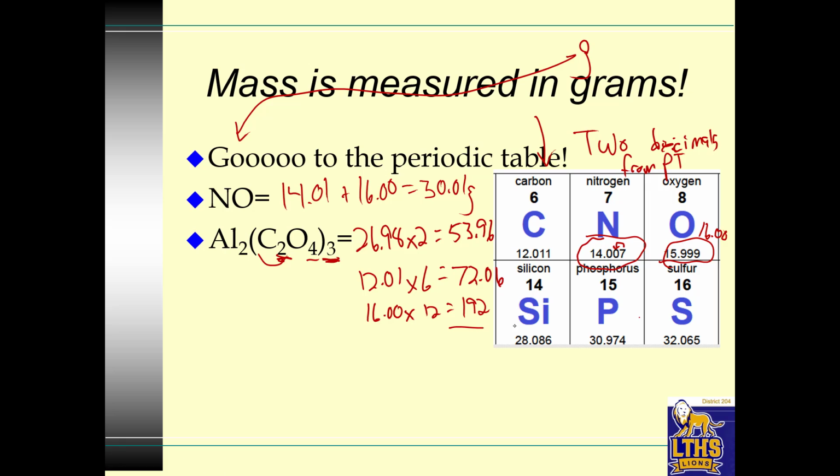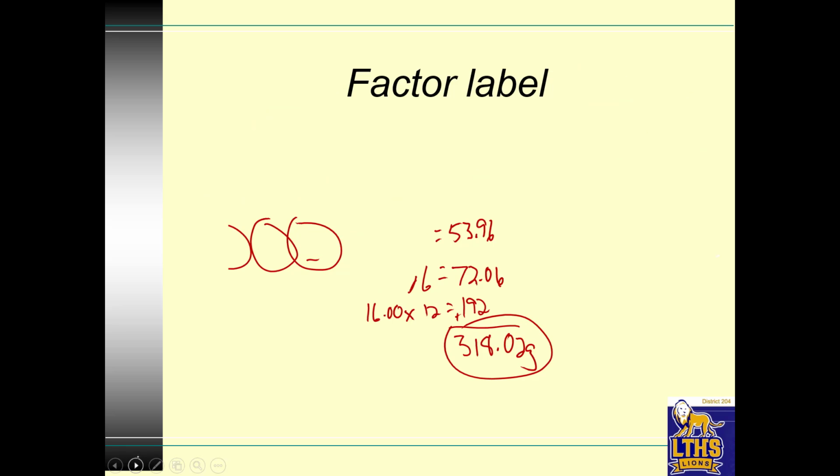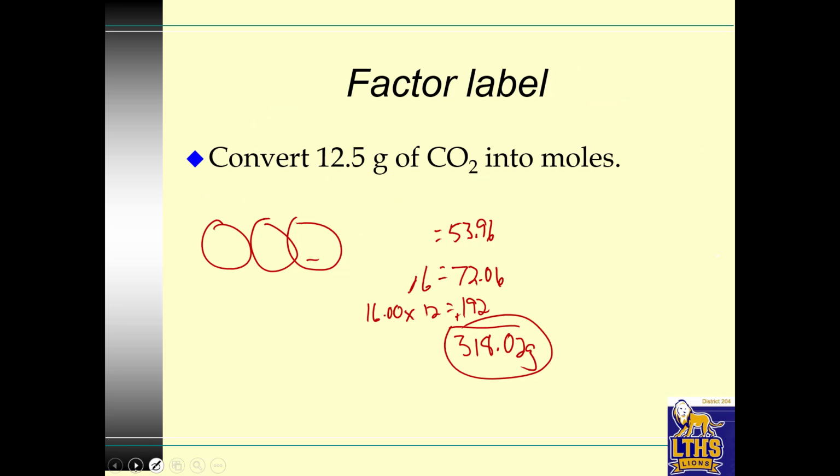So my total mass is going to be the sum of all of these, right? I add up my aluminums, my carbons, my oxygens. So 192 plus 72.06 plus 53.96 is 318.02. And don't forget units of grams. Okay. Factor label, I sure hope those things go away.